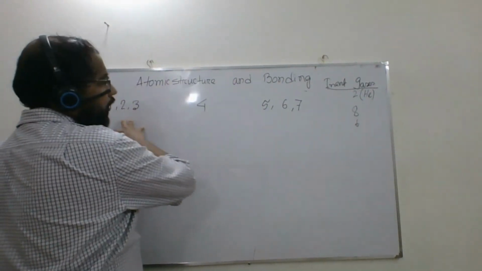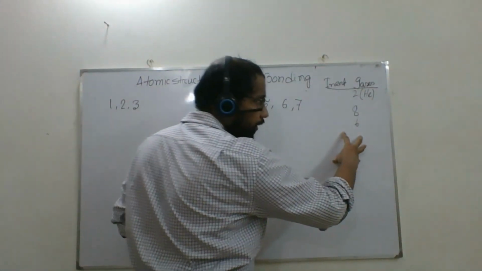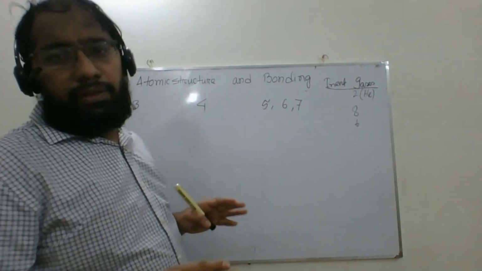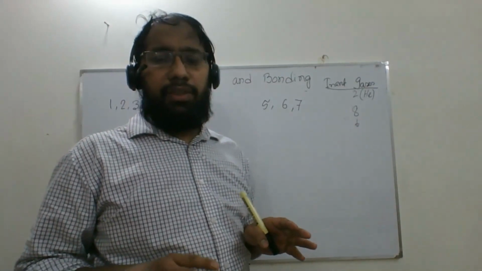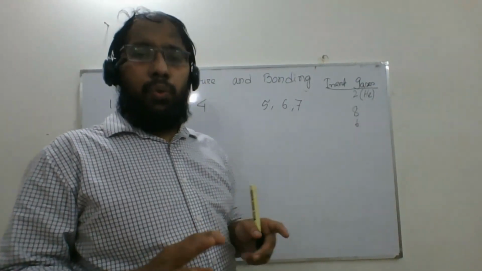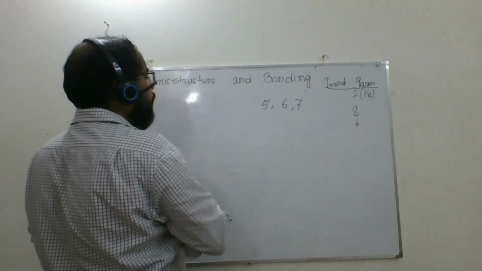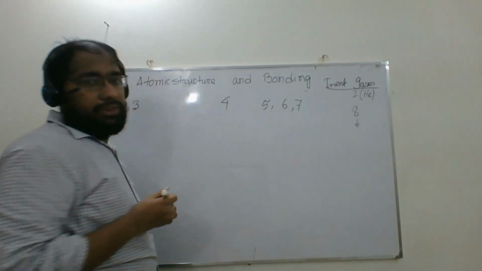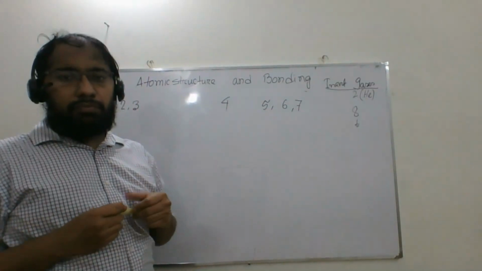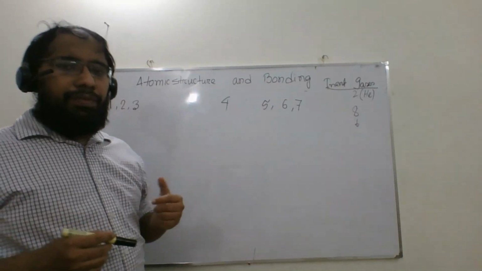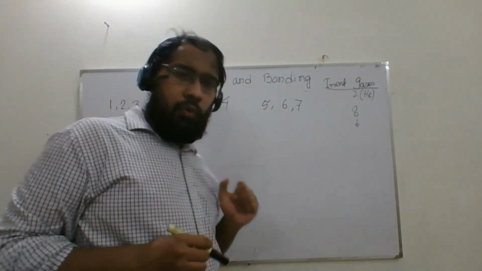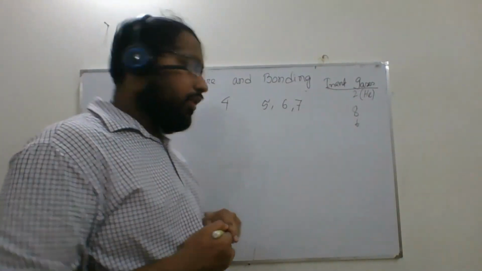They always have the tendency to convert to 8. Like hydrogen and the nearest elements, they have the tendency to convert to 2. Otherwise, all of them have the tendency to convert to 8. Now there are two ways of obtaining 8.